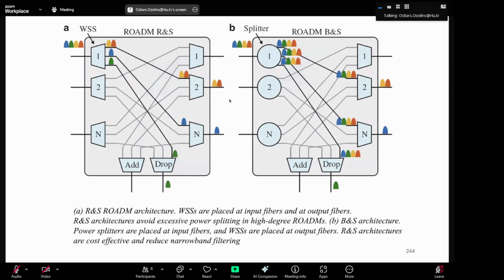And so you can have these wavelength selective switches, which are based on reconfigurable optical add drop multiplexers in these mesh nodes, and then you can switch these different channels between different ports and different links. That gives a lot of flexibility in how you want to route your network.